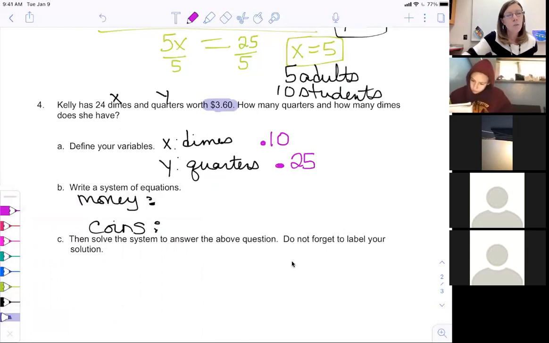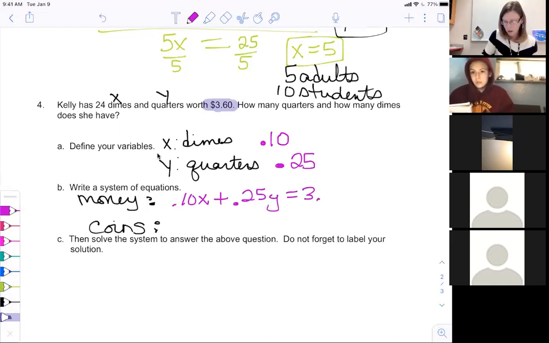So Bill, how could we write our equation for the money equation? 0.10x plus 0.25y equals 3.60. Nice job.